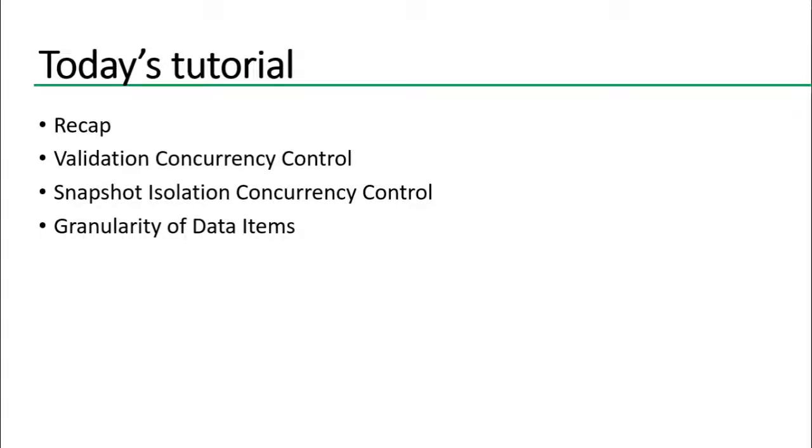The last one is particularly more common because there are some scenarios when you want a very strict isolation between concurrent transactions. And lastly, we will talk about granularity of data items.